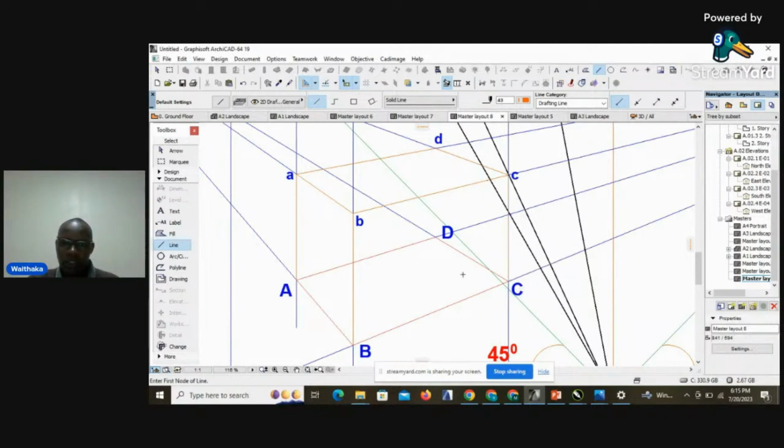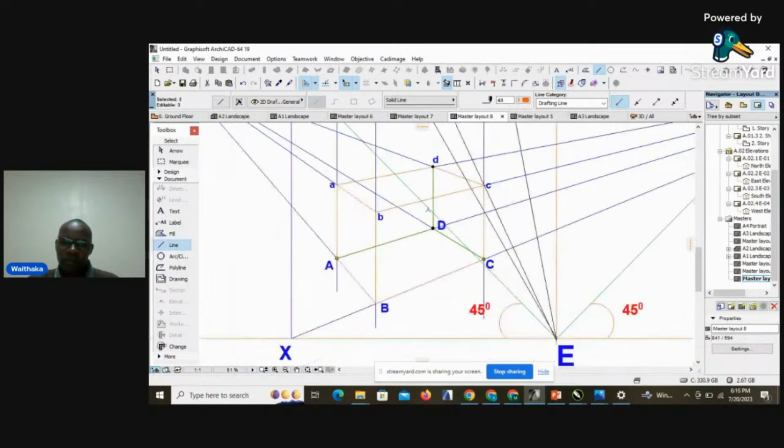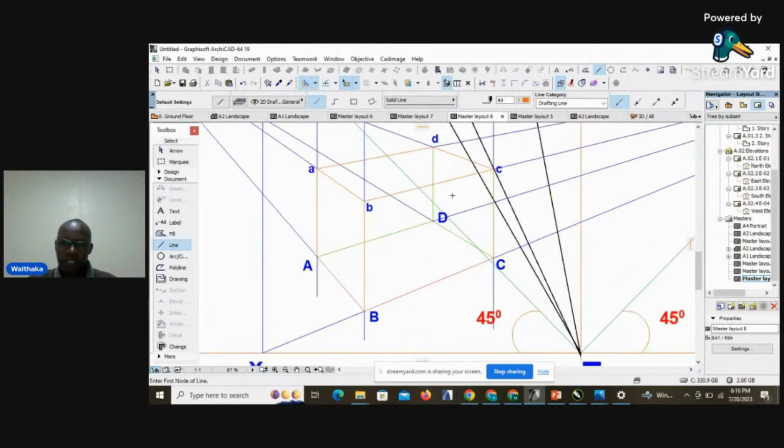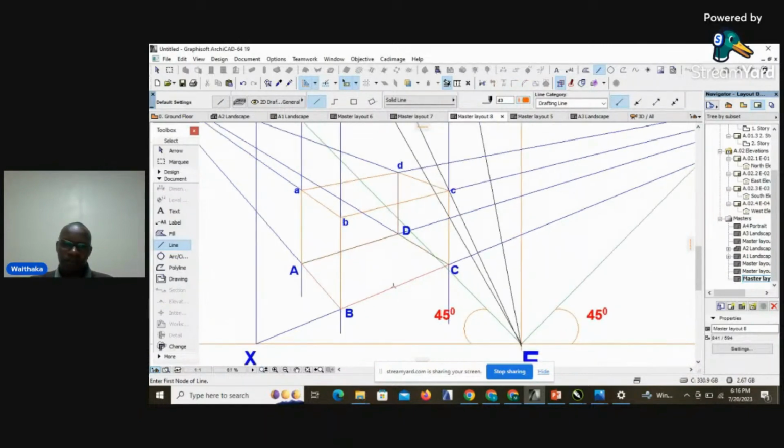Just need to outline those lines, and then of course we have now D, which is basically above point D, and maybe these ones we can just use a different color there to just demonstrate the inner lines of our cube.